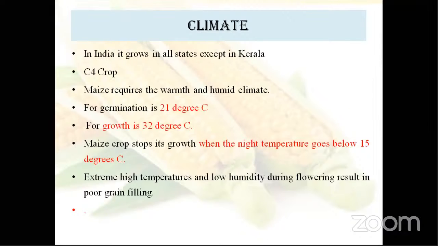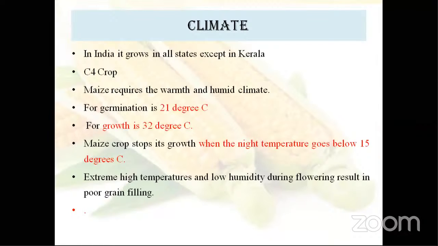Base temperature. Minimum temperature. Base temperature is the temperature below which further growth of that crop plant is stopped. In case of wheat, it is 0 to 4 degrees Celsius. In case of paddy, 10 degrees. Maize also 10 to 15.